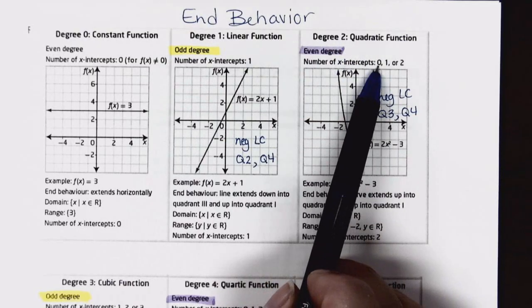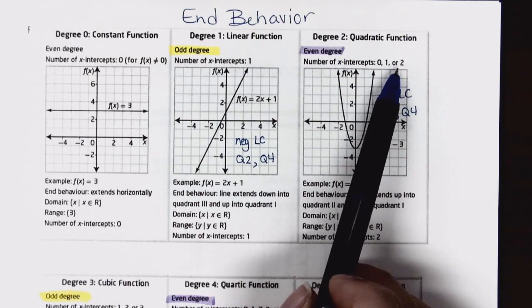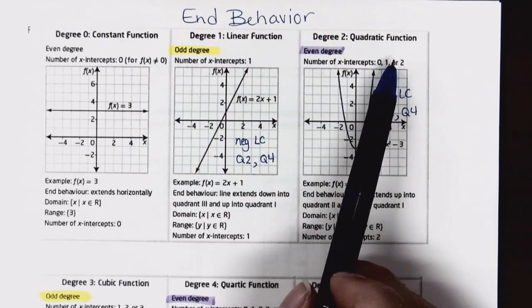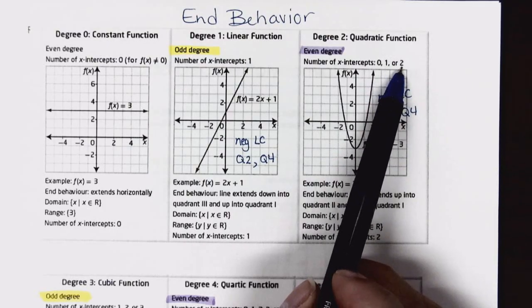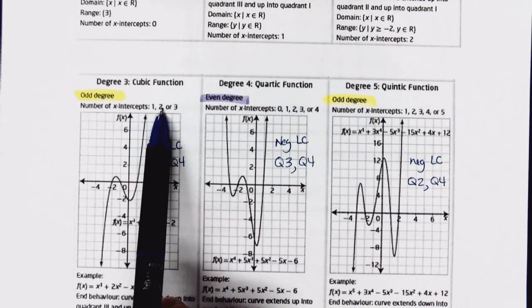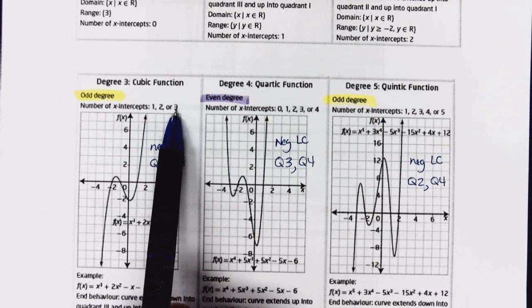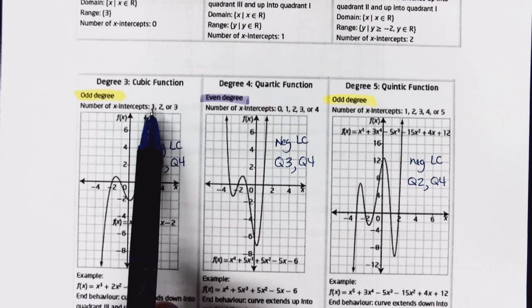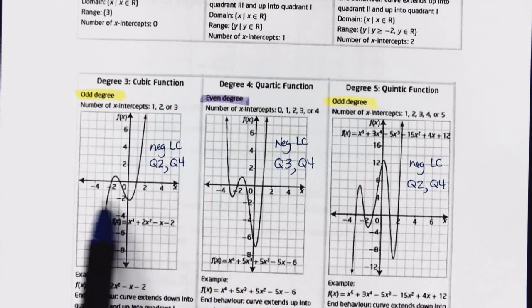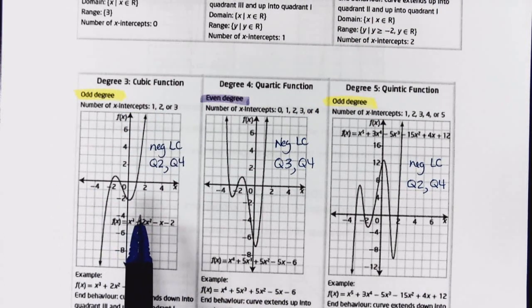Quadratics, I could have up to 2. I might not have 2, I might have 1, might have 0, but I can have a maximum of 2. Cubic functions, I can have a maximum of 3. I might not have 3, I might have 1 or 2. You'll always have at least 1.